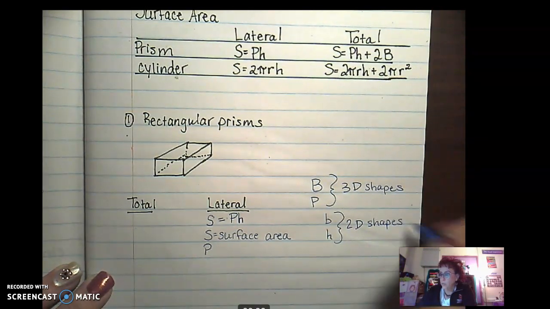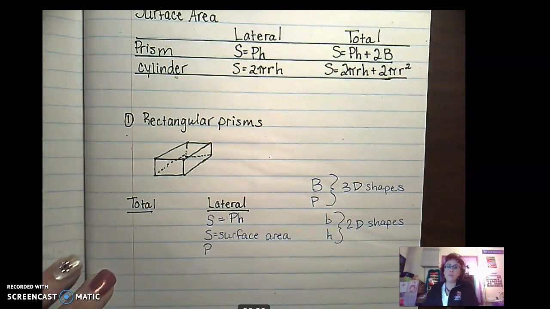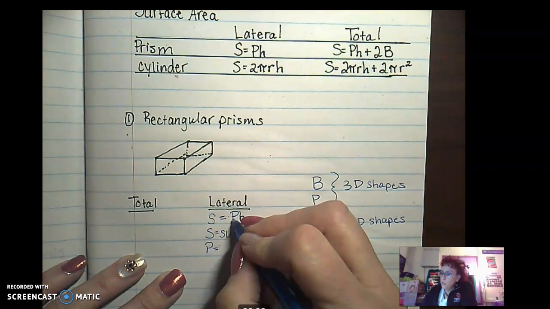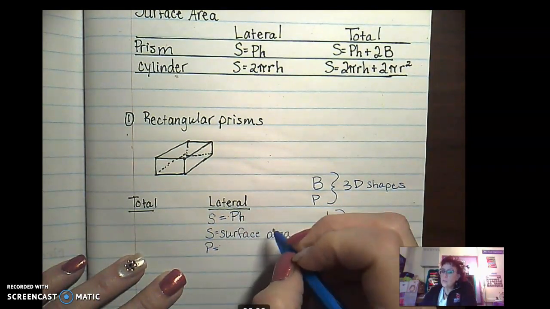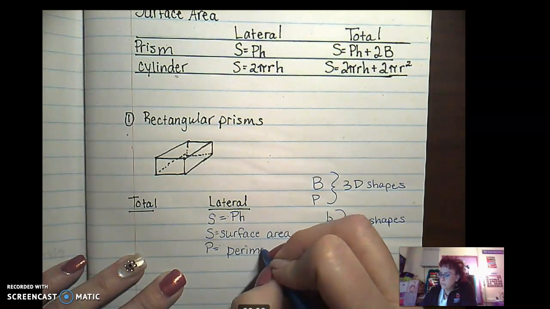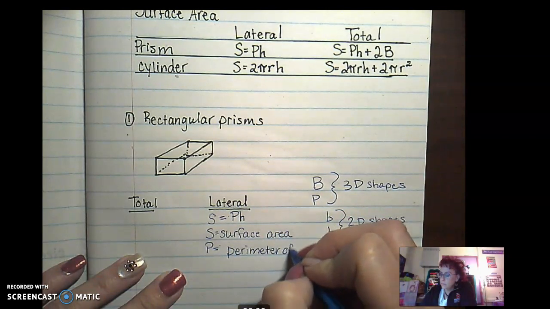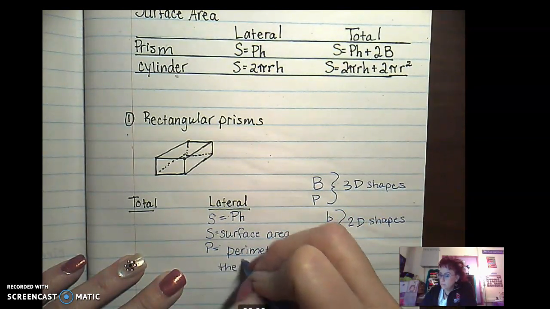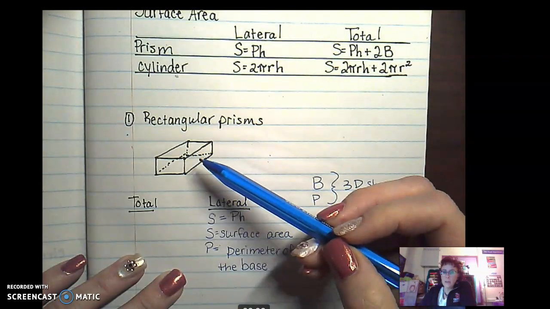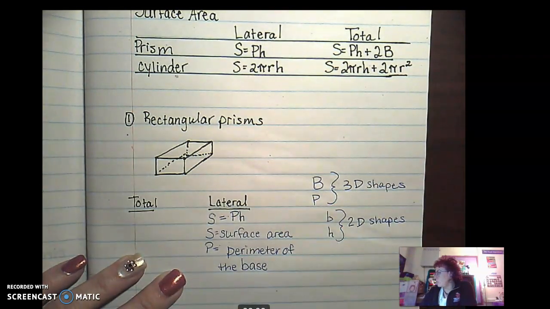That may be a little easier for you to remember. So the capital P for this stands for perimeter, but not just perimeter, it's the perimeter of the base. And for this particular shape, our base is a rectangle.